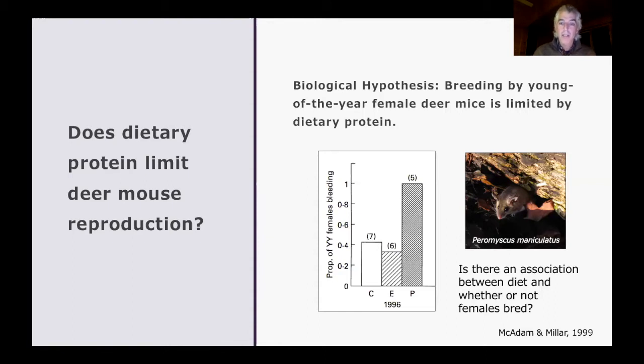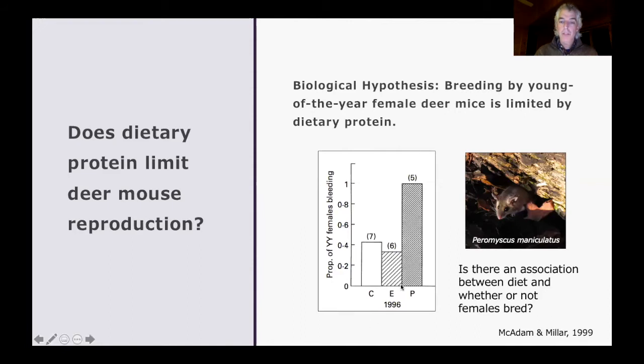As another example, as a master's student, I tested whether dietary constraints could limit reproduction in female deer mice. And so I did a comparison of the number of females that bred as young of the year, meaning in the summer of their birth, in control plots, plots that were supplemented with high energy but low protein food, shown by E here, and plots that were supplemented with high protein food.